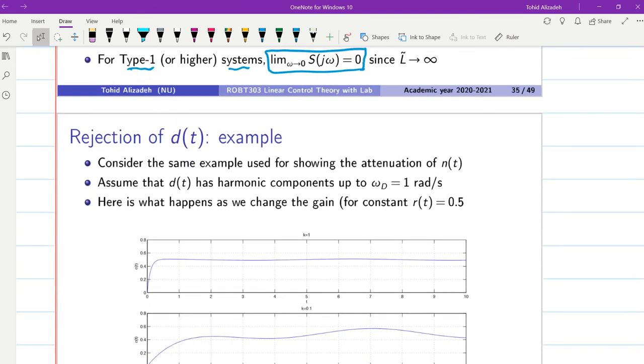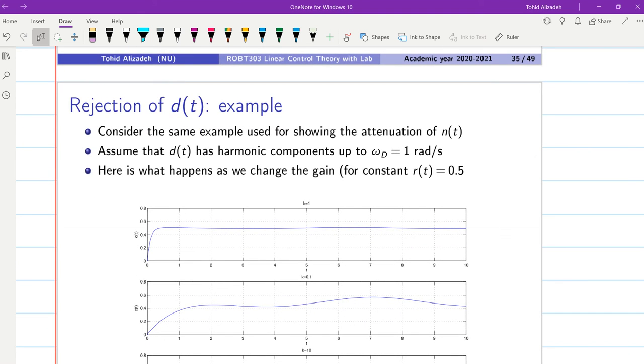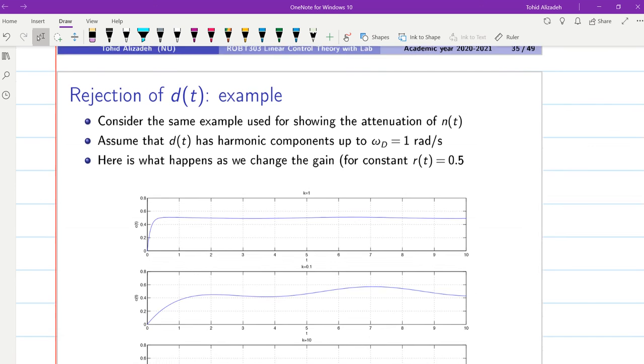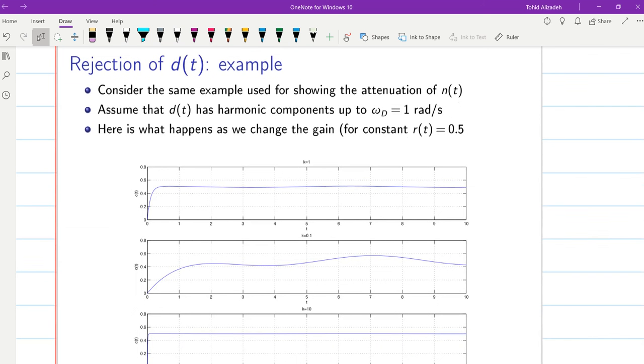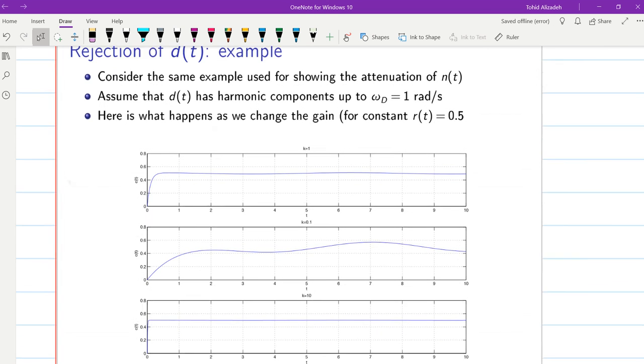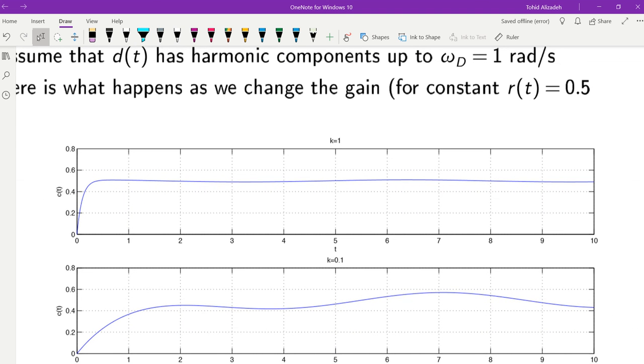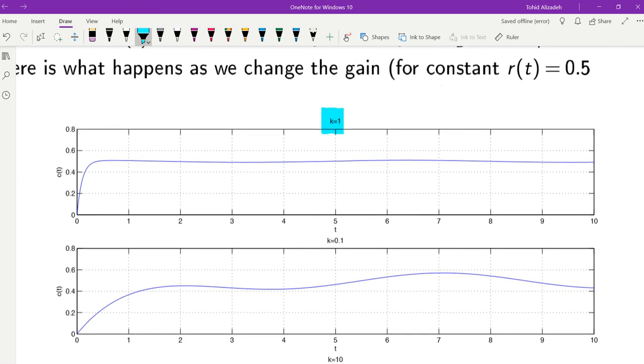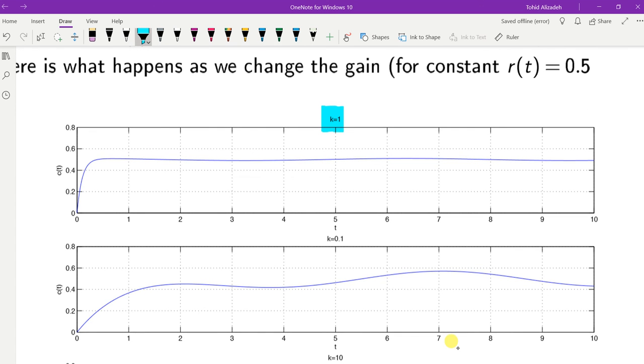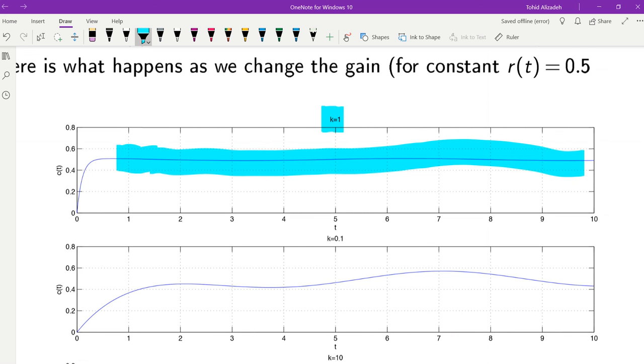Here we have an example regarding the rejection of the disturbance. This is a similar example to the one we had for the attenuation of the noise. You can see here that in the first graph, we have k equal to 1. You can see small fluctuations over time.